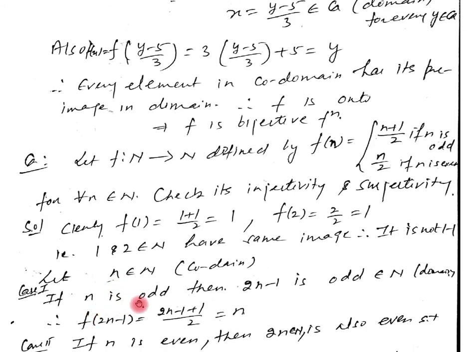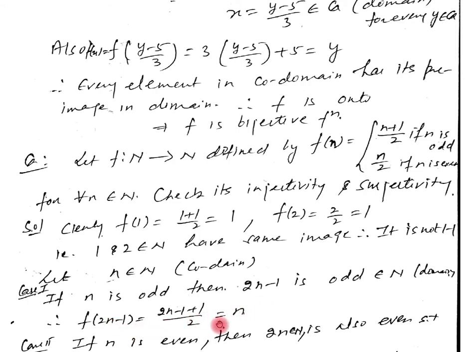If n is odd, then 2n - 1 is always odd, belonging to N. And when I am taking its image, f(2n - 1), it is odd. So by putting this value here, it is (2n - 1 + 1)/2, equal to n. We have taken any arbitrary element and we have proved that it is the image of some element from the domain.